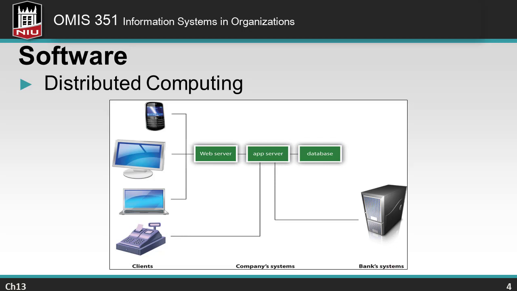We might want to share common data, servers, storage, printers, etc. A variety of devices used by employees are linked by this communications network. This network provides connections to web servers that host various websites, application servers that host different shared applications like SAP, and database servers that host the data shared across the enterprise.